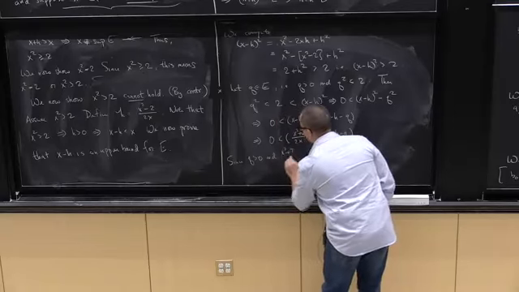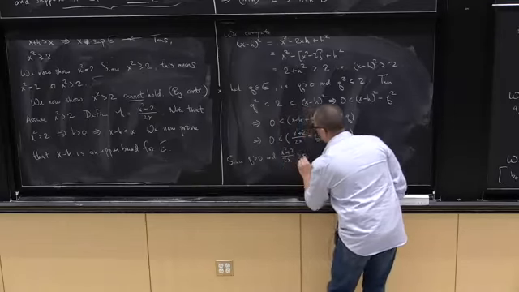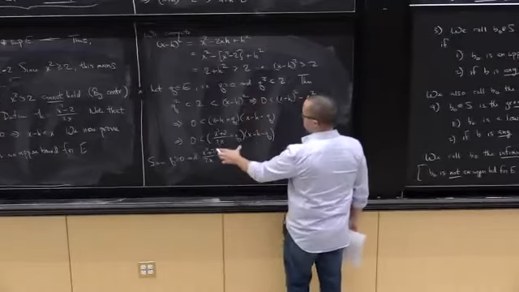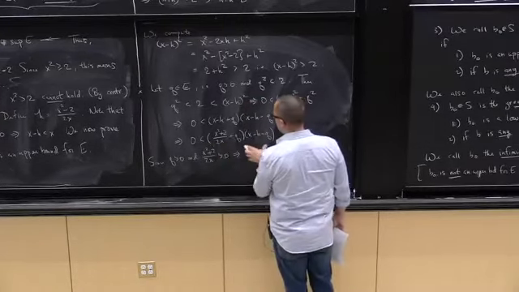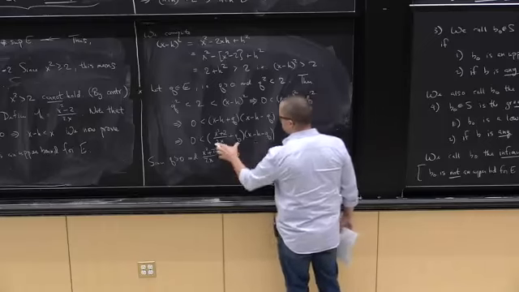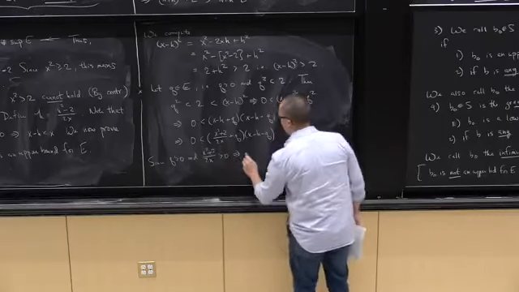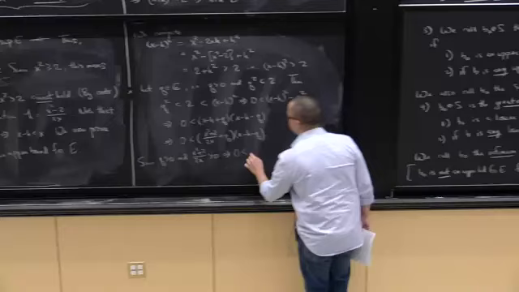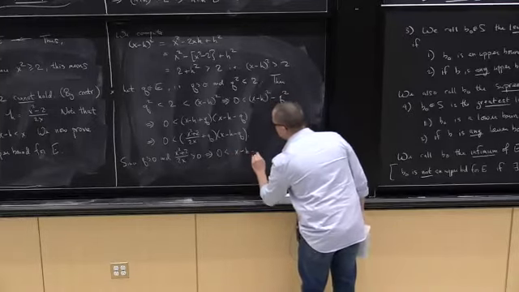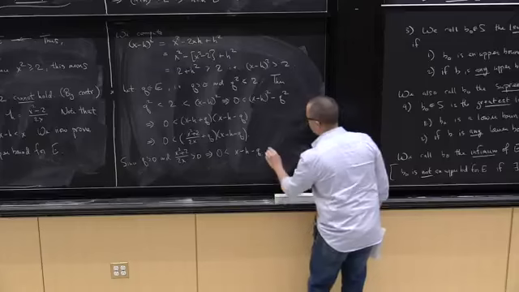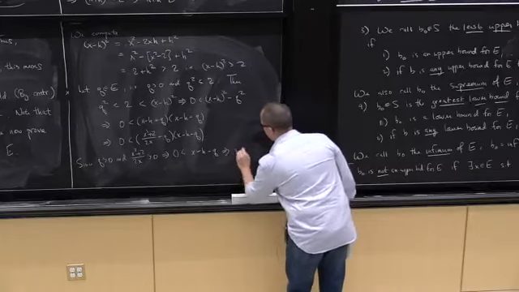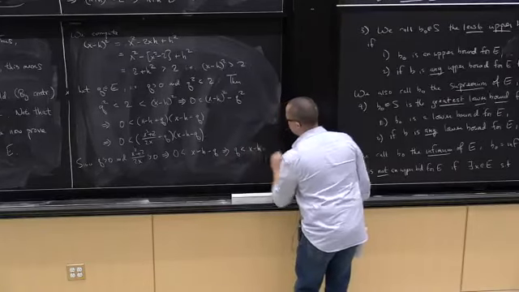So that means I have something positive times this, so I can divide by this positive thing and keep the inequality. So that implies that 0 is less than x minus h minus q, which implies that q is less than x minus h.